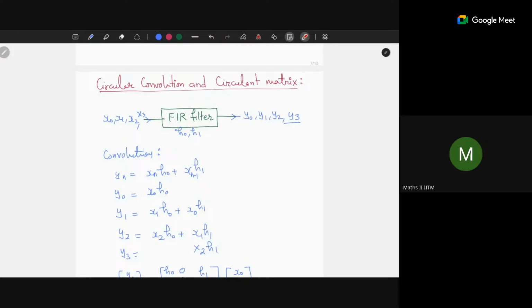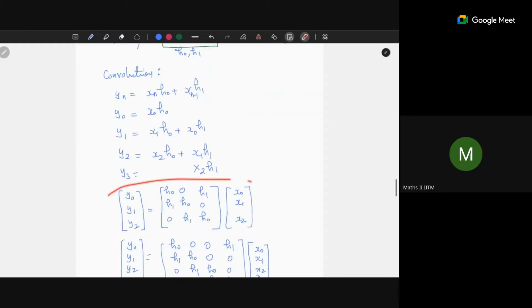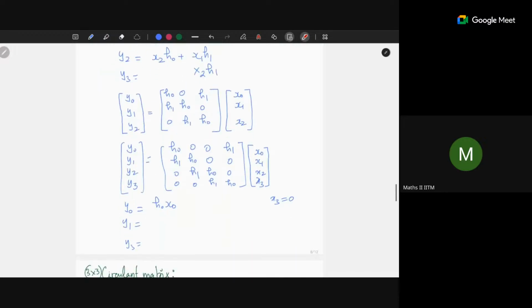But you expect something as an output to come out when you add the zero signal in the input, so that the original output can be accommodated in the matrix. So this matrix will not work, as you clearly mentioned, but we need to work with a 4 cross 4 matrix, which can accommodate this. So this will be the correct circulant matrix to work with such a system.